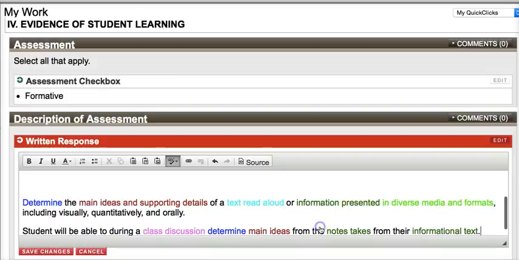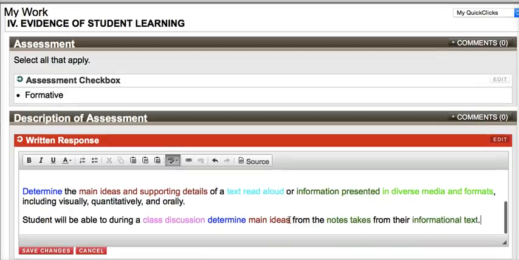Now the reason I'm doing that is because I don't want to keep flipping back and forth. You do not have to do that. However, if it makes it easier for you to write your standard, your assessment, feel free to do so.